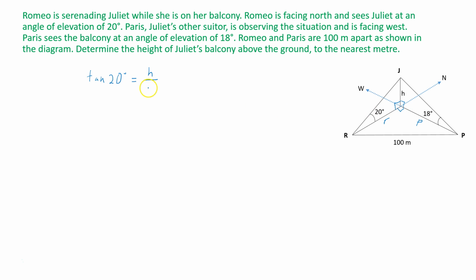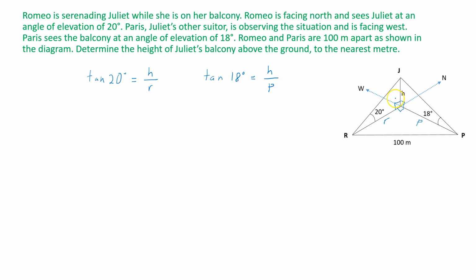So going back to this expression, so tan 20 degrees is going to equal h over r, and tan of 18 degrees is going to equal h over p.